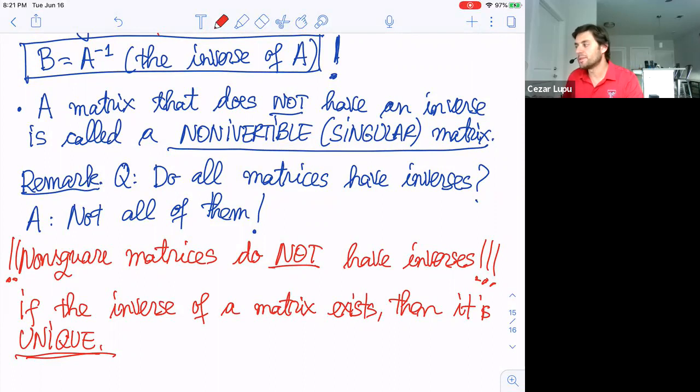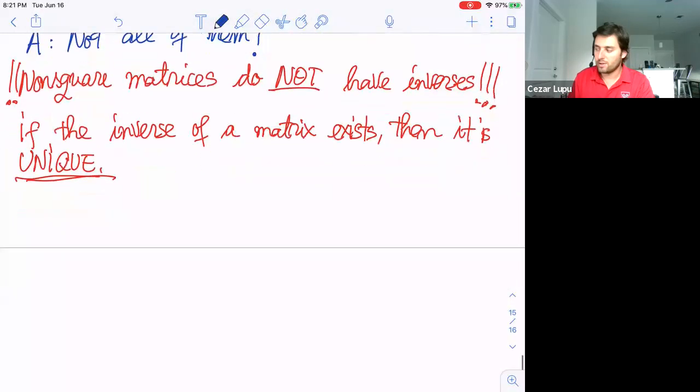And now I'm going to give you an example, which will tell you exactly how we show that a matrix is the inverse of another matrix. So an example is the following.